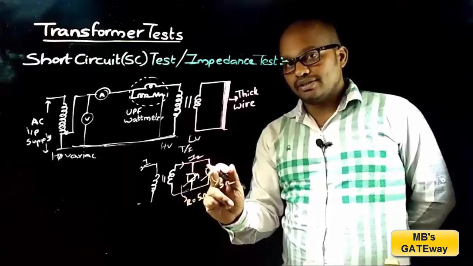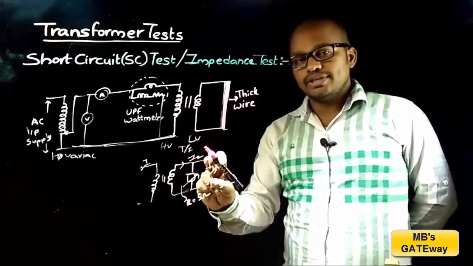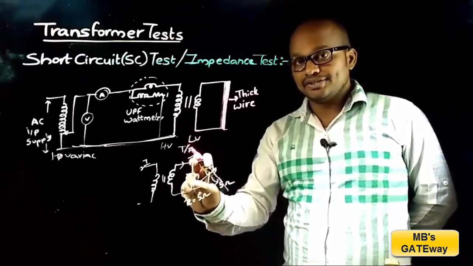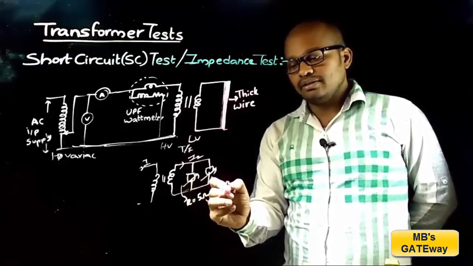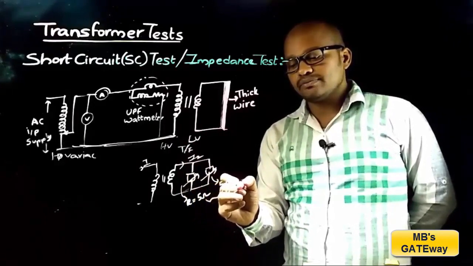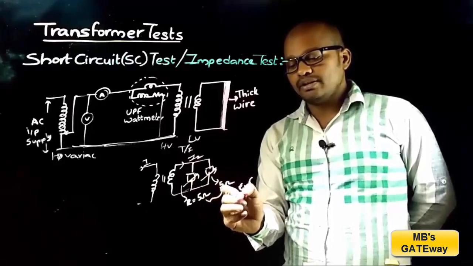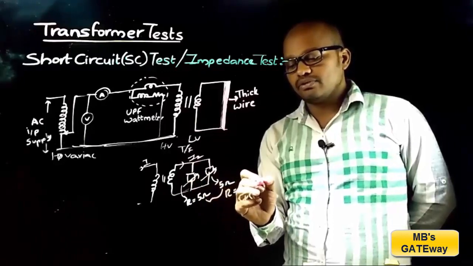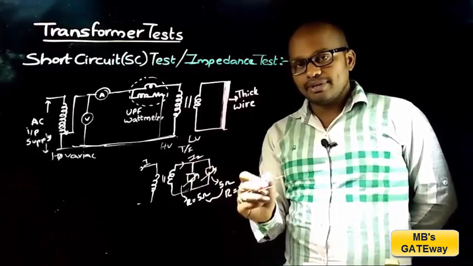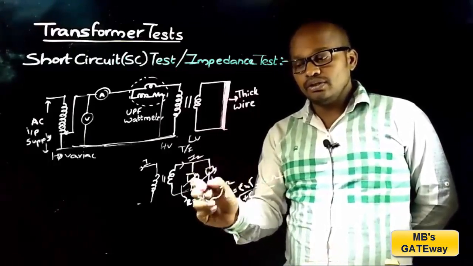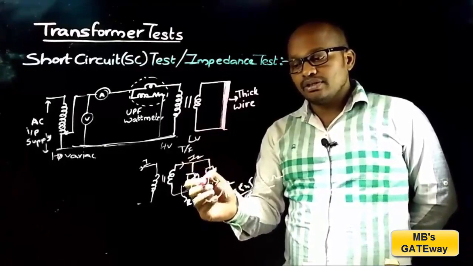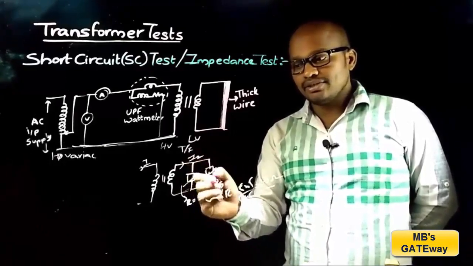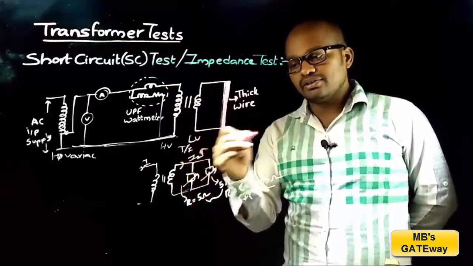When extra load is added in parallel with the existing load, observe that as these two are connected in parallel, the effective resistance value is 5 into 5 by 5 plus 5, which is equal to 2.5 ohms. This implies that by increasing the load, the effective value of the impedance will get decreased. If the effective value of impedance gets decreased, the current value will get increased.